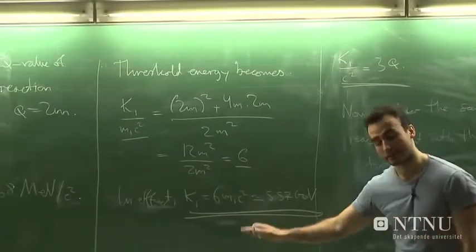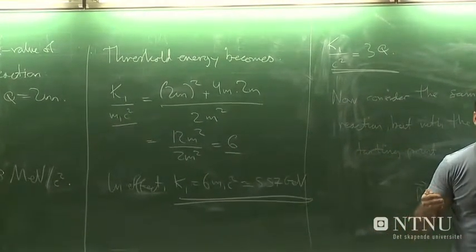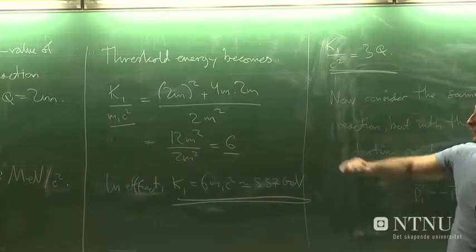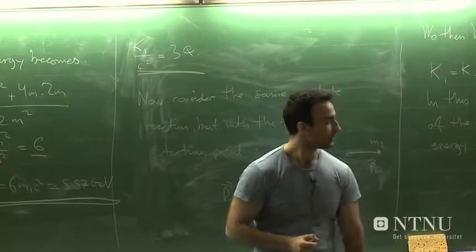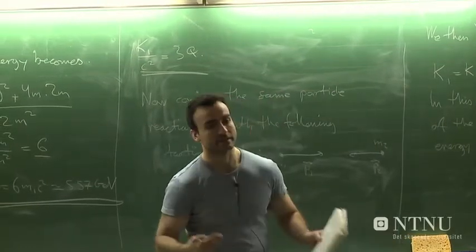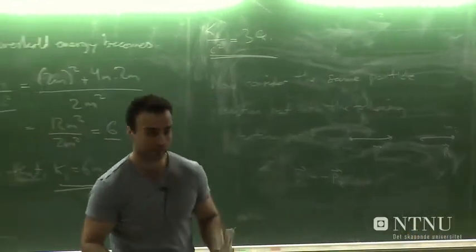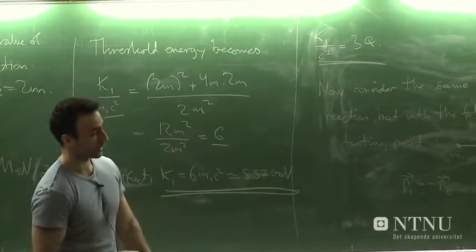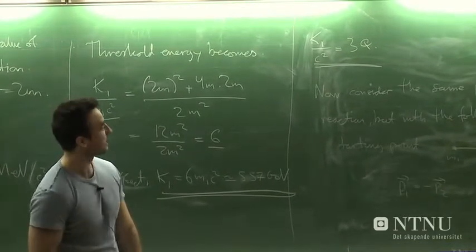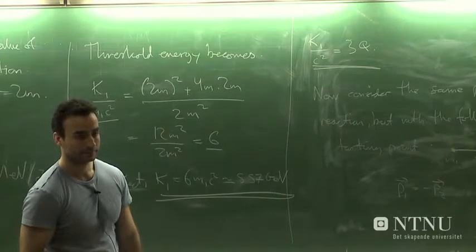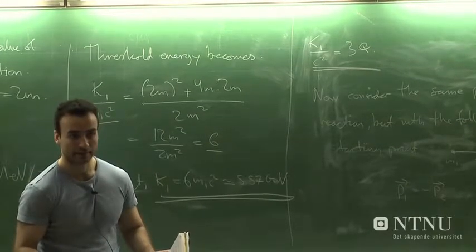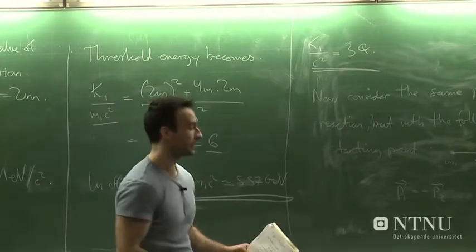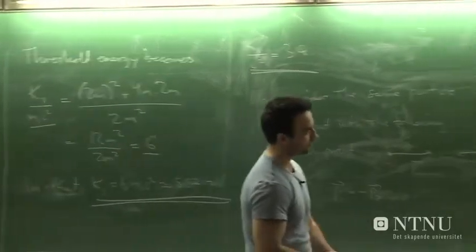Whereas in our initial scenario, where we had one target at rest, threshold energy was 3 times the Q value of the reaction. So we have actually, just by changing our experimental setup, managed to lower the threshold energy here by a factor 6. And that's a pretty big gain, right? You want to minimize the amount of energy required to make this work.